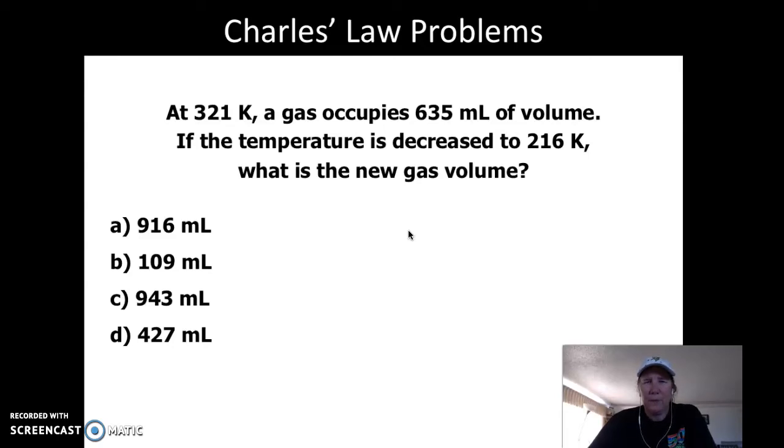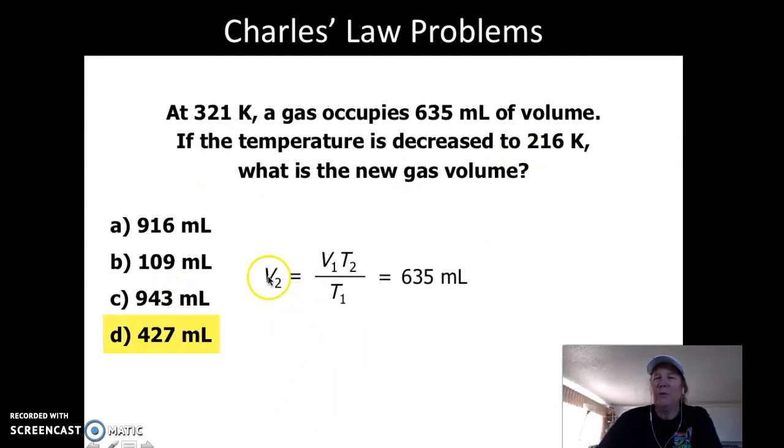Okay, here's another one. We have 3. This one already put it in Kelvin for us, that's nice. So we got our 2 temperatures and we need to find our new volume. Again, we're looking for V2. If you use that formula, V1 over T1 equals V2 over T2, you're going to have to manipulate your formulas. The first volume times the second temperature divided by the first temperature will give you your answer.